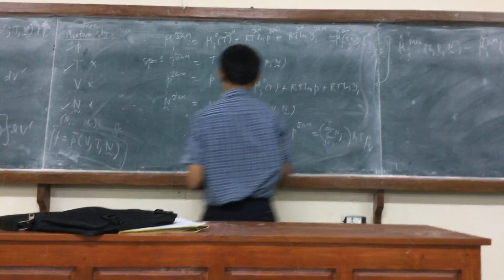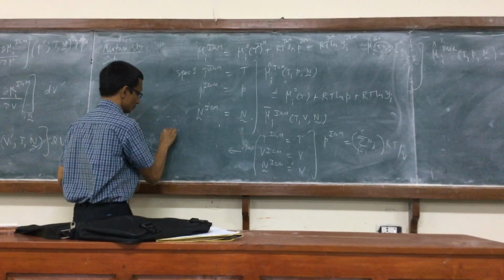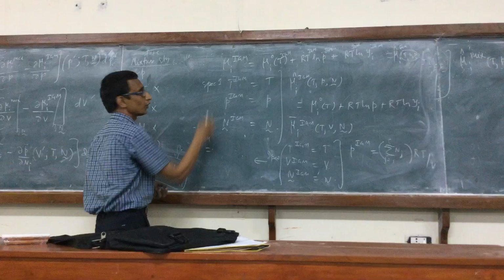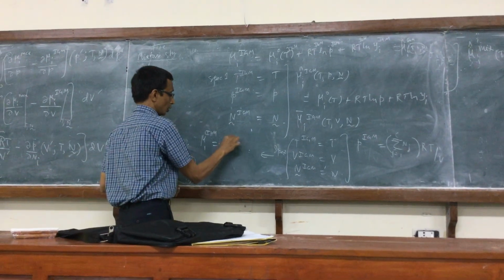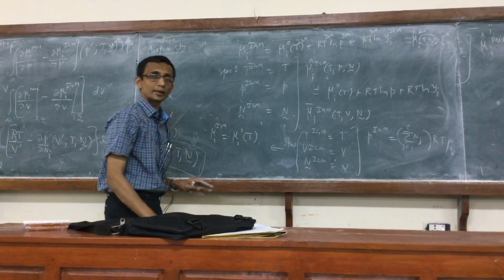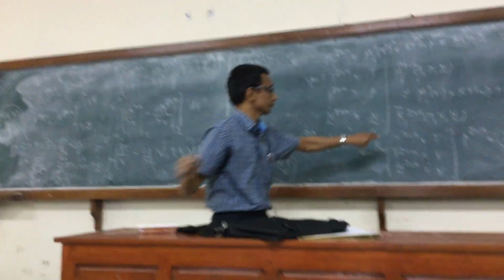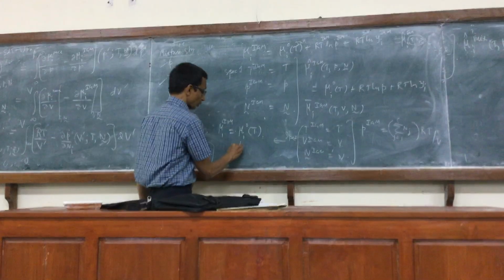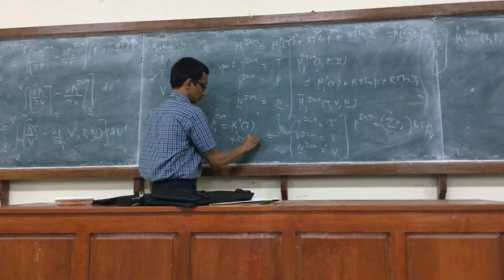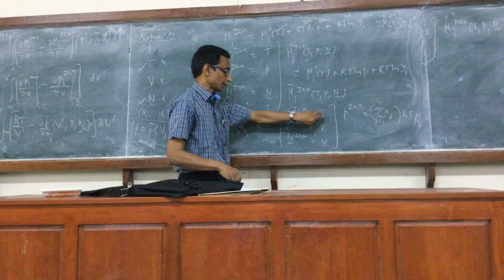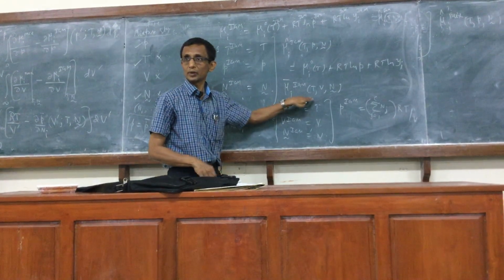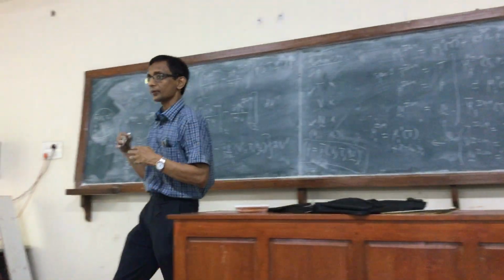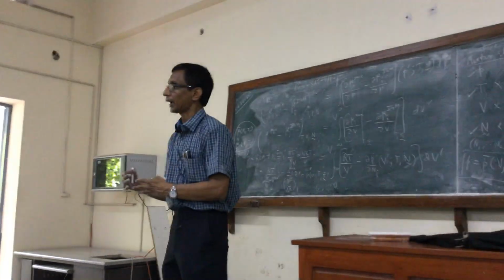So this is now going to be, for this specification, the mu I IGM, first term mu I naught of T. That remains the same because the temperature of the ideal gas mixture is equal to the temperature of the mixture. Now let's come to the last term. That is also the same, because the temperature of the ideal gas mixture is equal to that of the actual mixture, and the mole number vector of the ideal gas mixture is also equal to the mole numbers of the actual mixture.